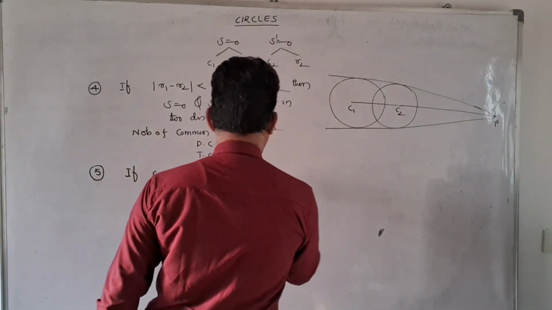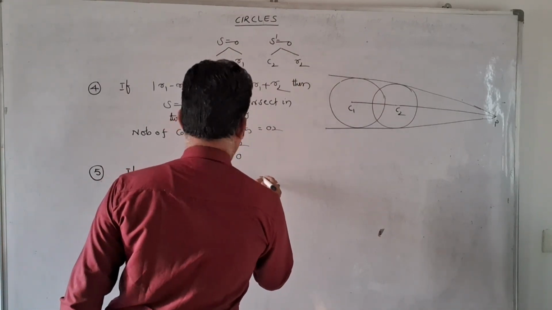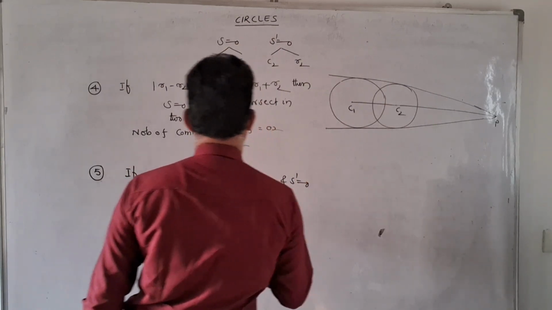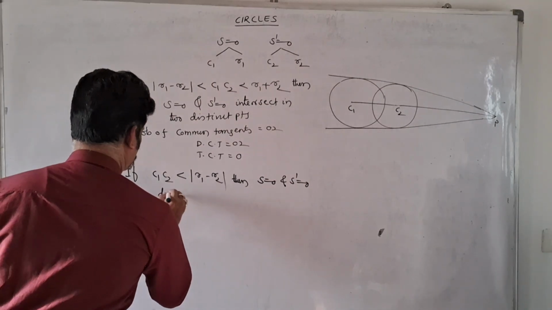Then S is equal to 0 and S dash is equal to 0 do not intersect.